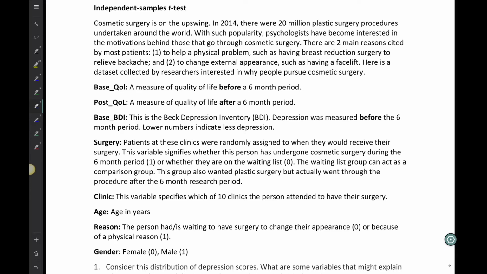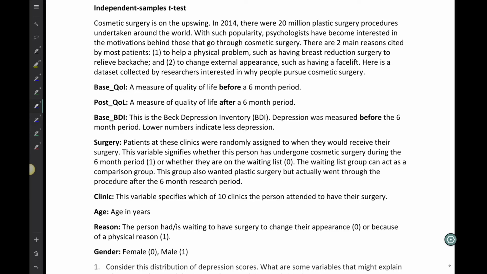Surgery. So patients at these clinics were randomly assigned to when they would receive their surgery. This variable tells us whether this person has undergone the cosmetic surgery during that 6-month period or whether they're still on the waiting list. The waiting list group in this case is acting as our comparison group or a control group.